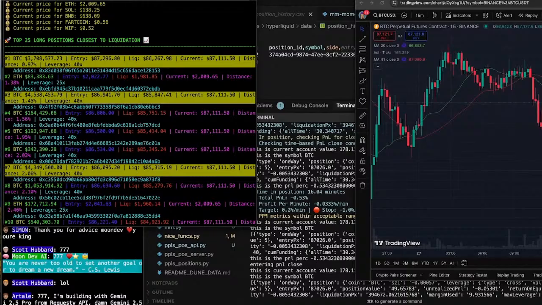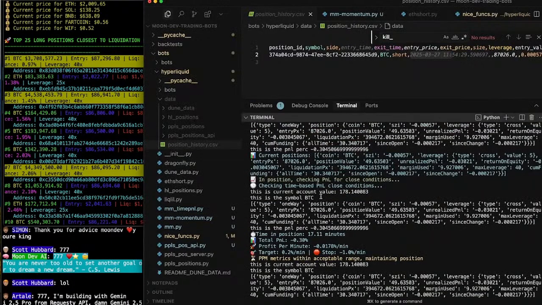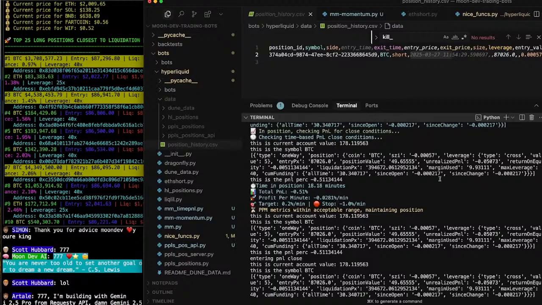All right, so I can't see anything wrong with this yet, but I'm just waiting on it to actually trigger. So maybe I'll just change the numbers a little bit. Total P&L. Time in position is 18 minutes now. I don't want all this.